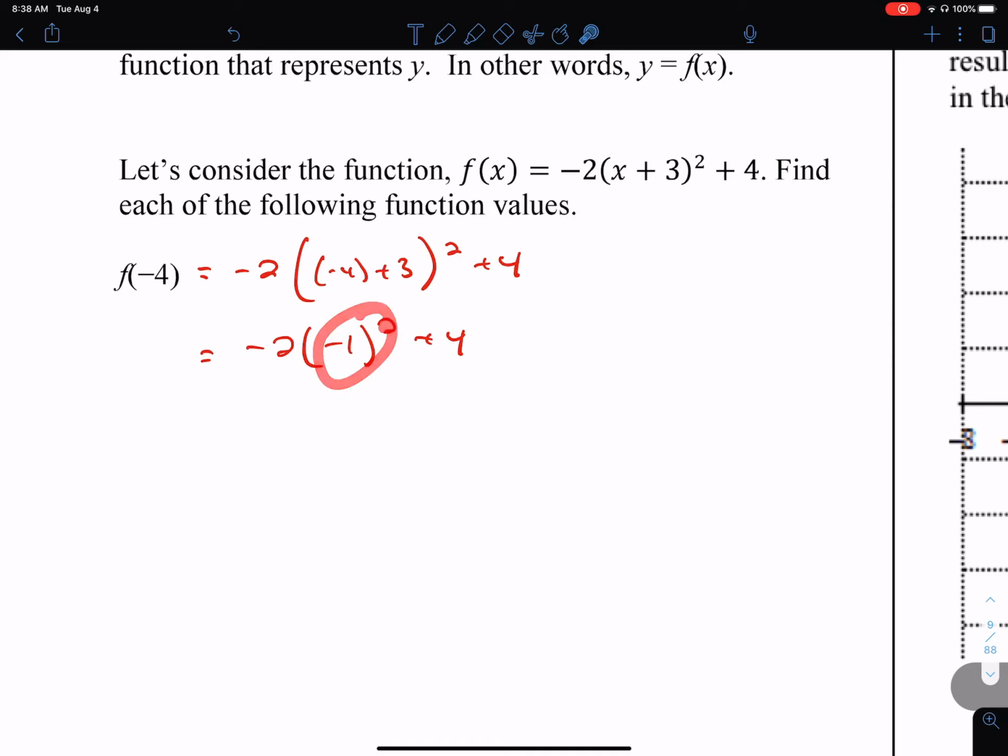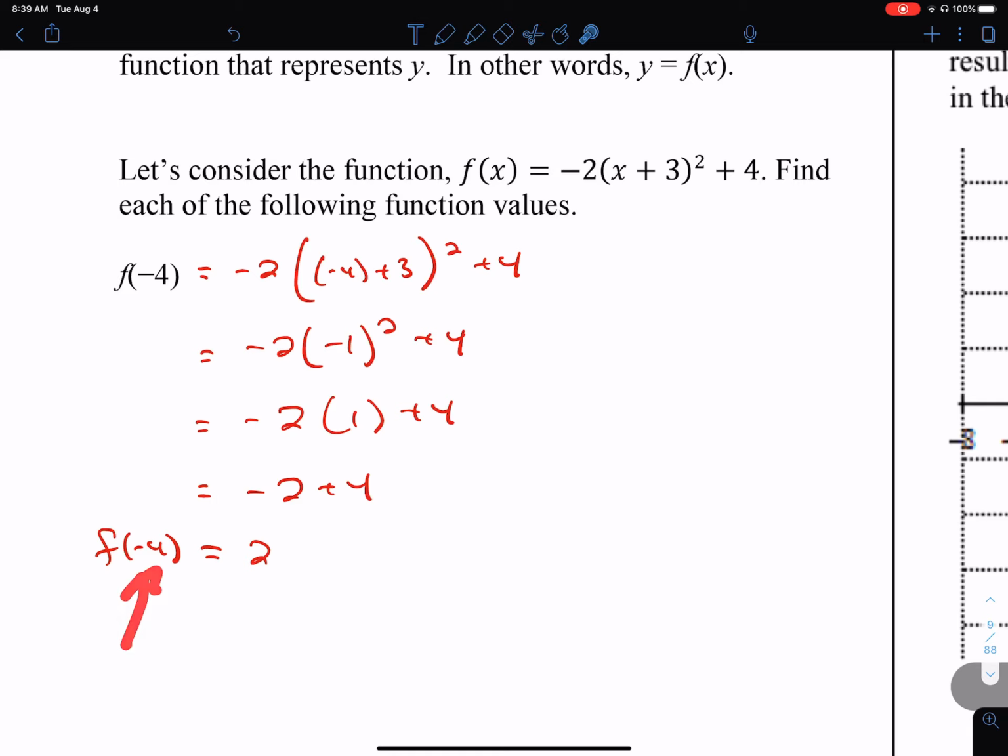Negative 1 squared means negative 1 times itself. Negative 1 times negative 1 is positive 1. Negative 2 times 1 is negative 2. Add 4 to that, and you're going to get 2. This means when x is negative 4, y is 2.